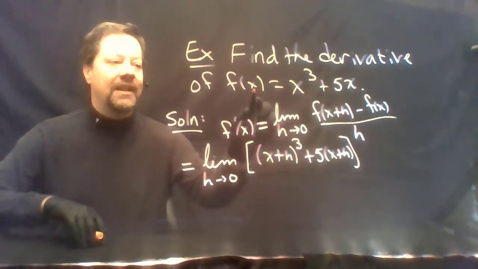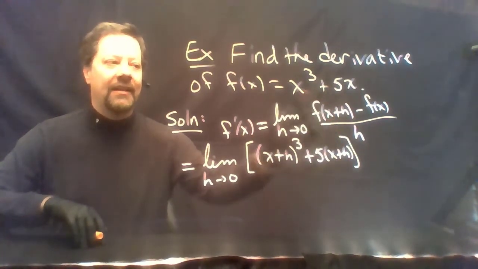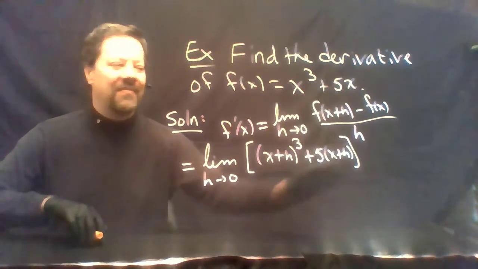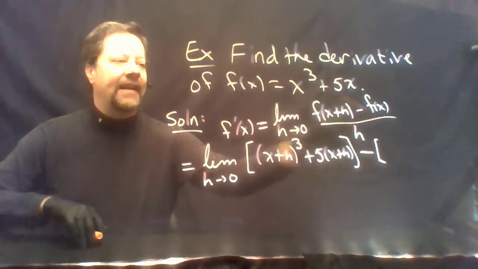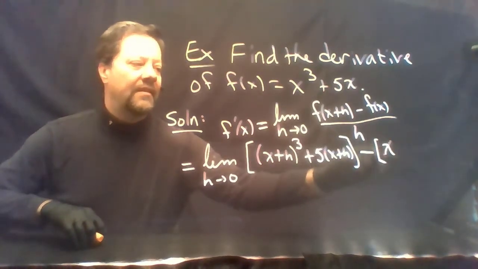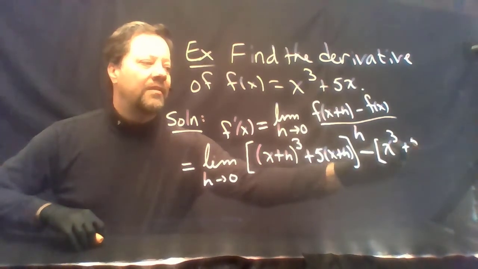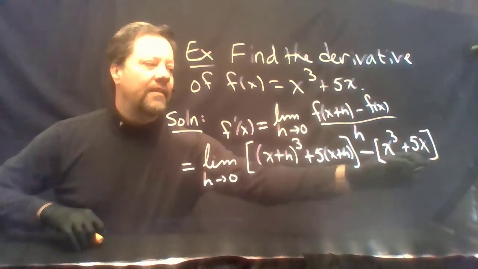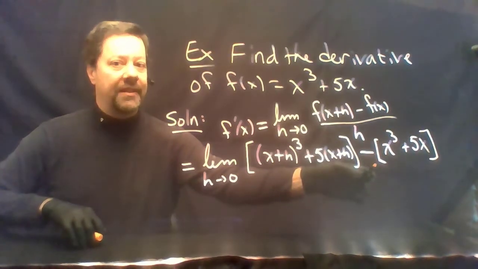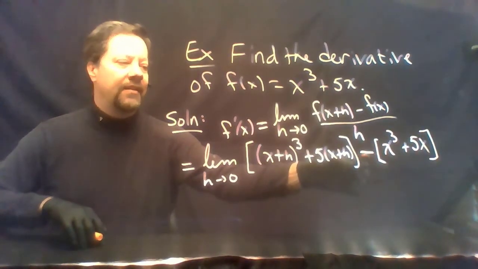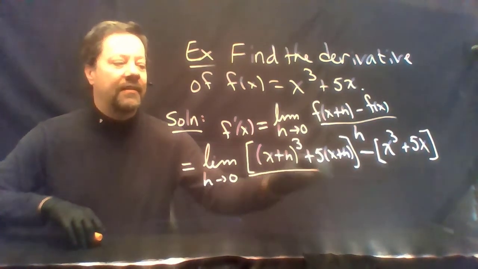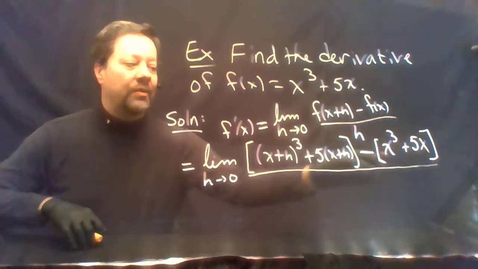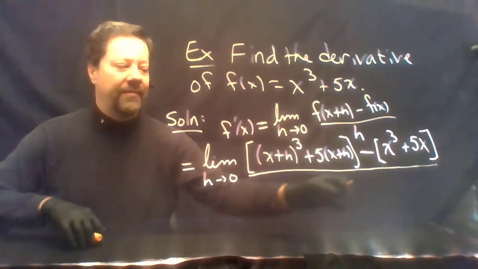Everywhere you see an x, you replace it by x plus h, minus f of x. Well, f of x is x cubed plus 5x. And don't leave off these parentheses here. If you do, you'll be violating the order of operations agreement. The minus will only apply to the first term, not to both.